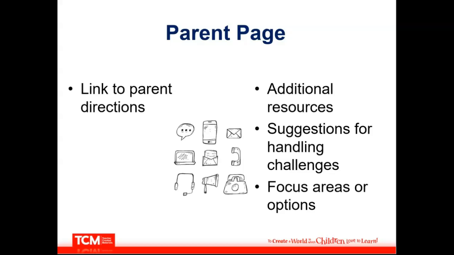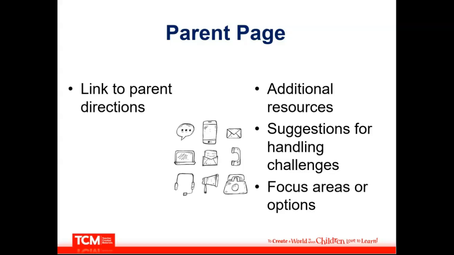For instance, let's say that you have a narrative writing assignment in which students are asked to write a paragraph telling a story based on a topic from a list. If the primary goal is to get students writing an organized paragraph with a topic sentence, then you might include directions on the parent page that if a student is really struggling to answer one of the questions or writing prompts, the parent can have the child write about something else, because the primary goal is to write an organized paragraph.